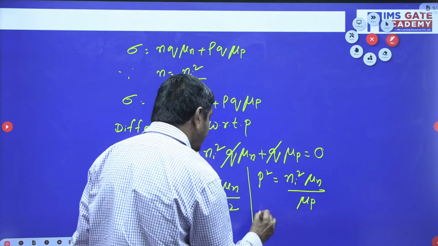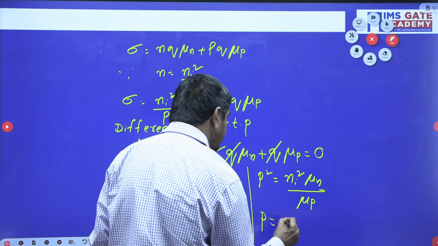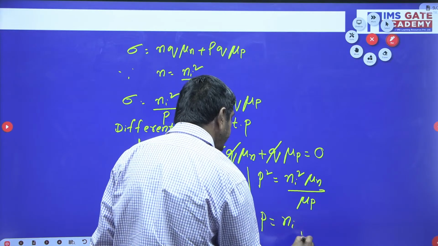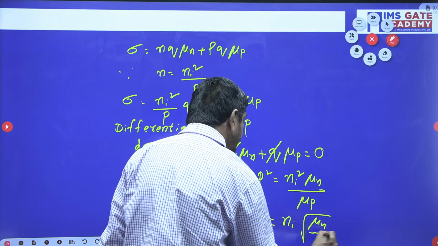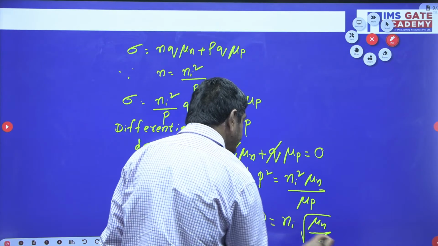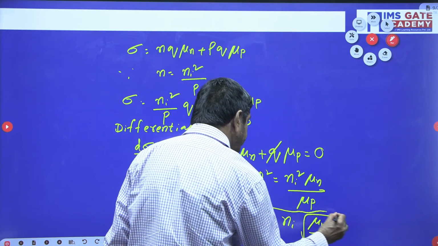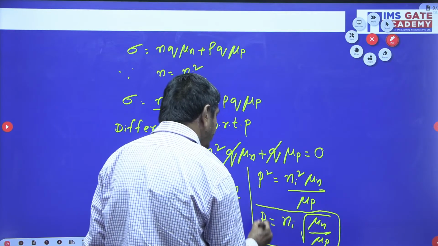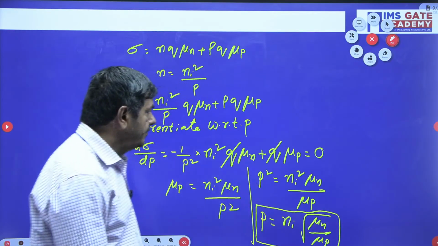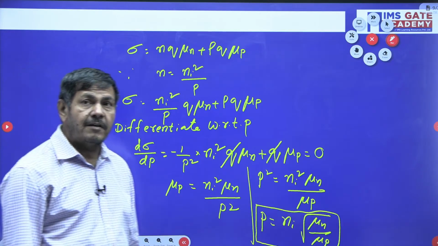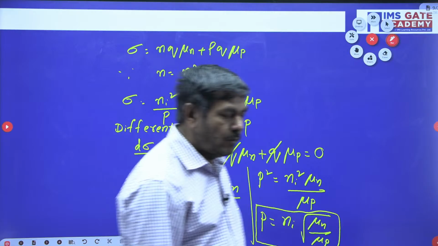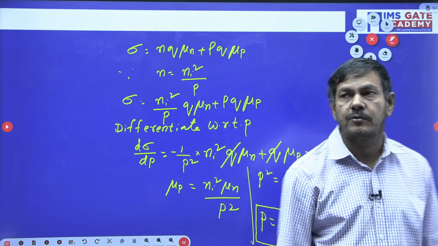And finally, concentration of the holes equal to ni into under root of mu n by mu p. Yes, this formula is more important. The formula is very, very important. Concentration of electrons and concentration of the holes are required means this process we need to apply.